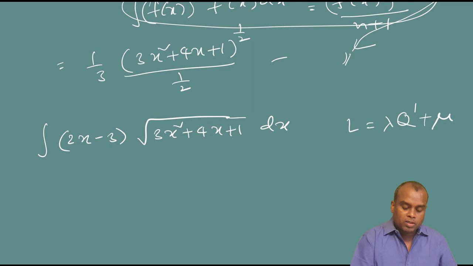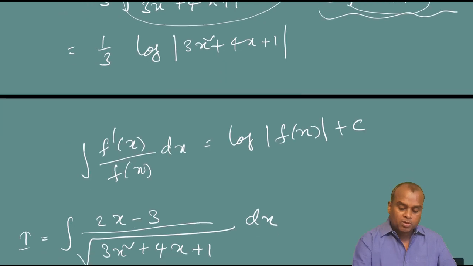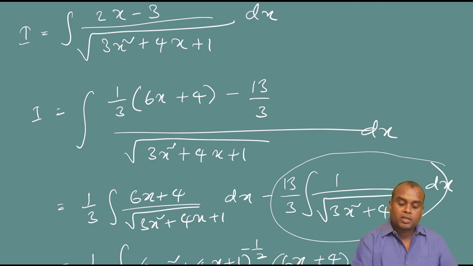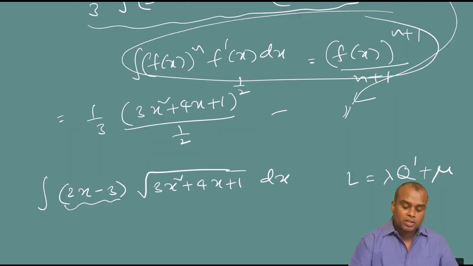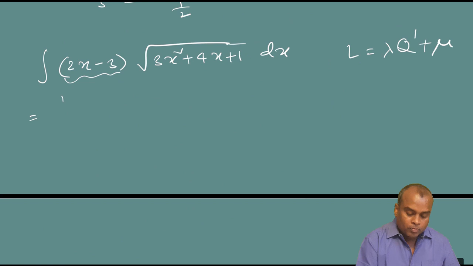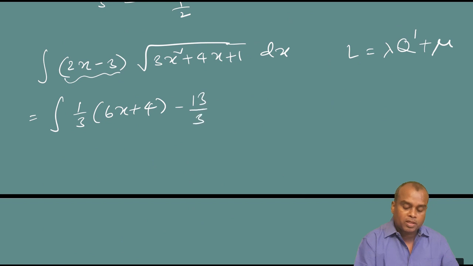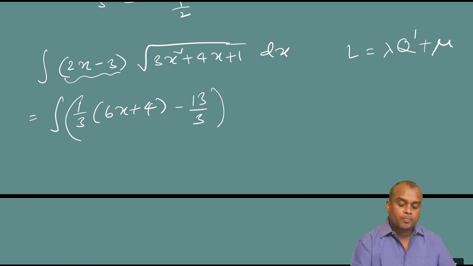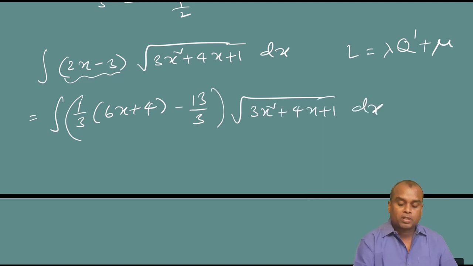So we know that this 2x minus 3 can be written as, already we saw that one. So again I am going to write the same thing, 1 by 3 into 6x plus 4 minus 13 by 3, that is the linear, into the quadratic under the root, 3x square plus 4x plus 1 dx.